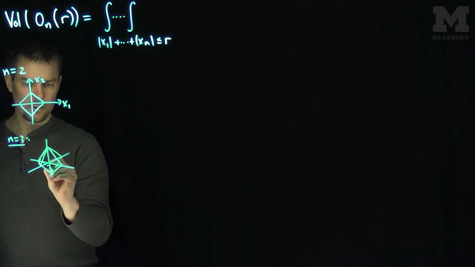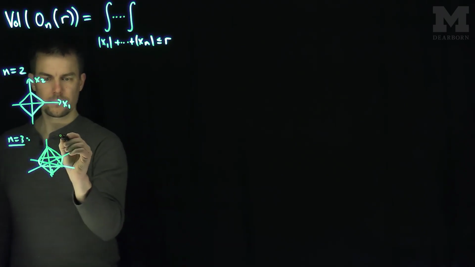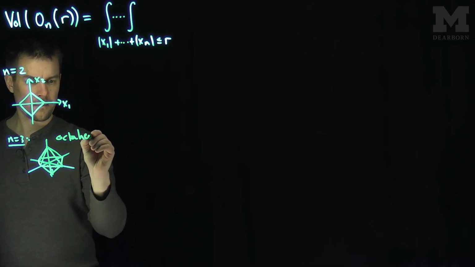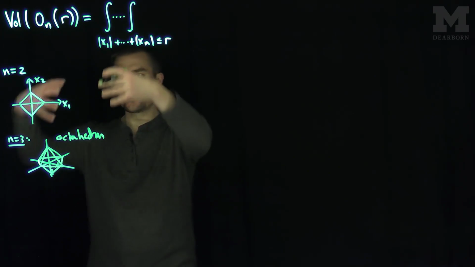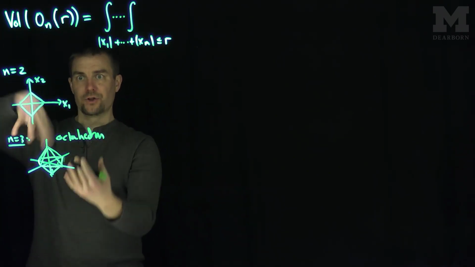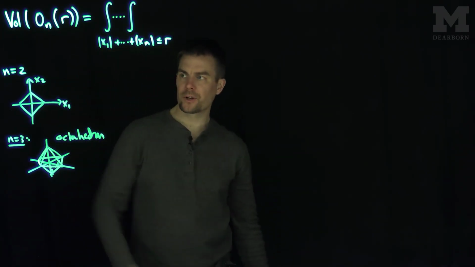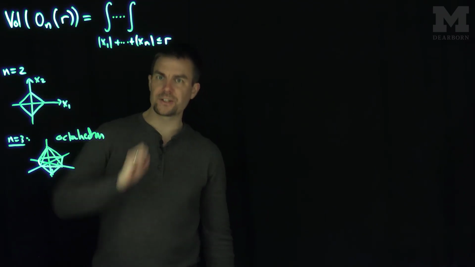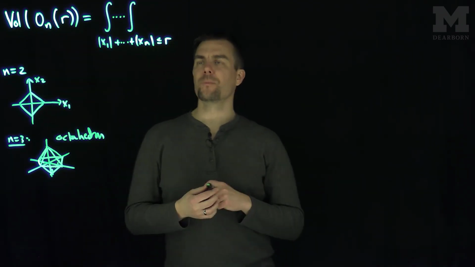So that's our octahedron. And then in higher dimensions, we'll get a generalized version of this. So that's what we have over here. So we have a diamond or a rotated square, then we have the octahedron. And so I'd like to find this volume in general.